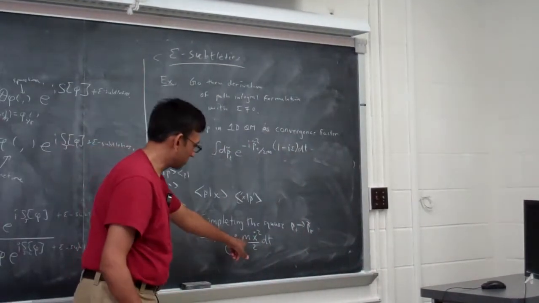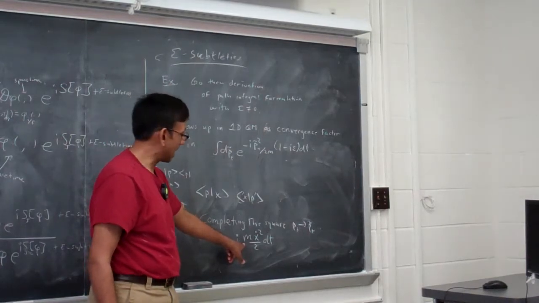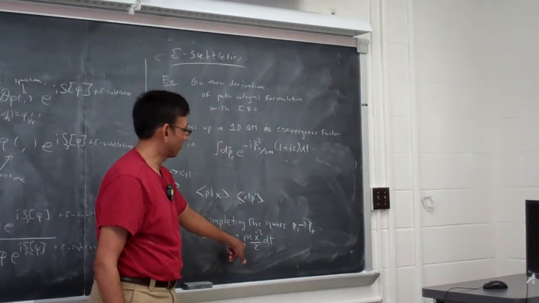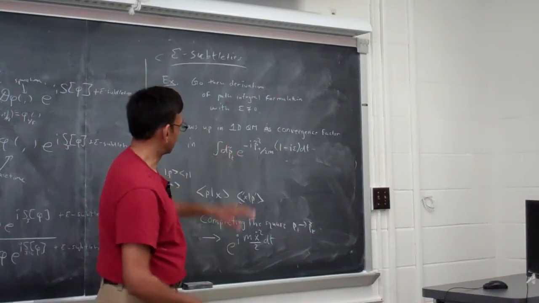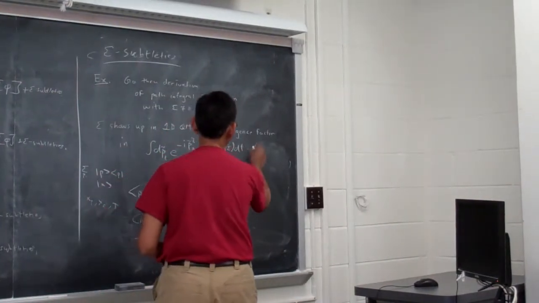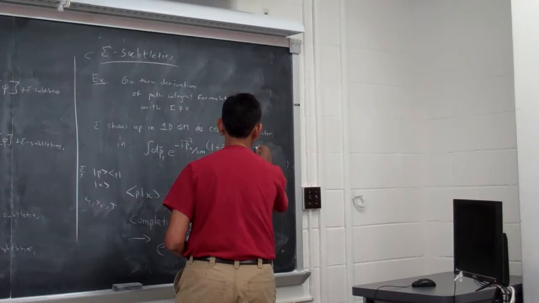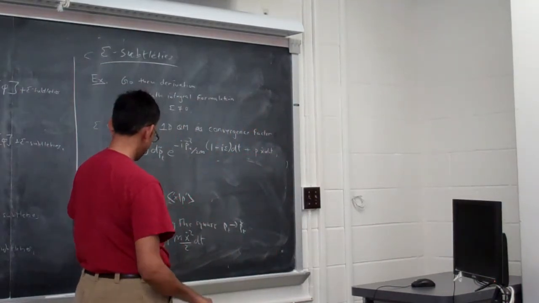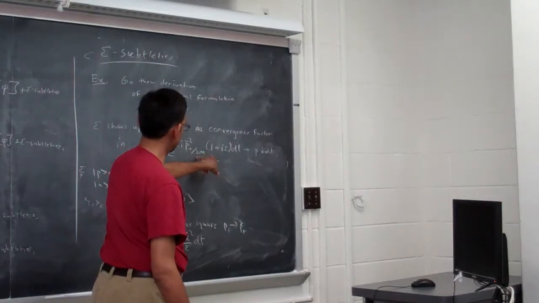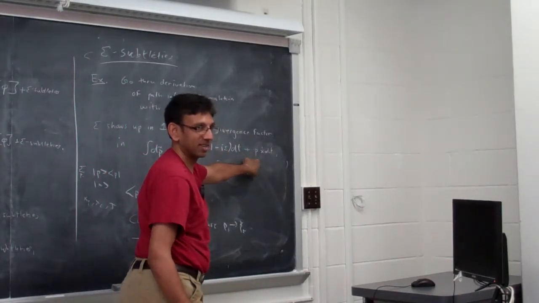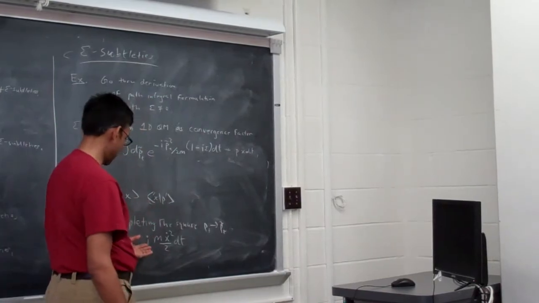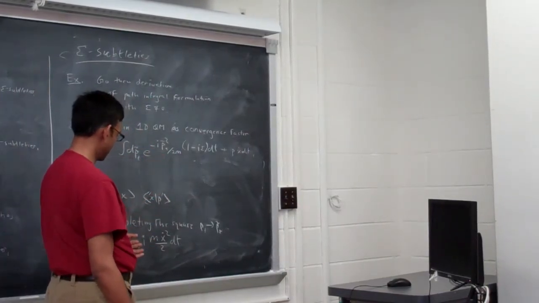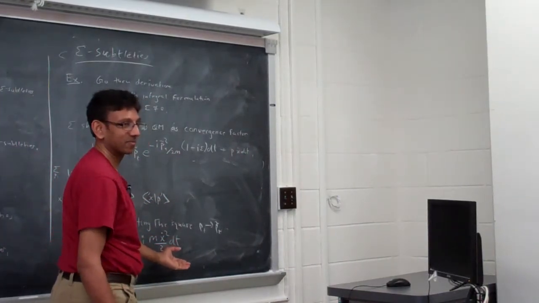Remember that this term came from this term plus the p x dot dt. This term came from this term by completing the square in p, and then, this was a minus sign, you had to add this guy.